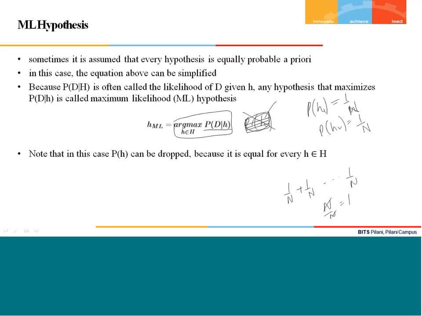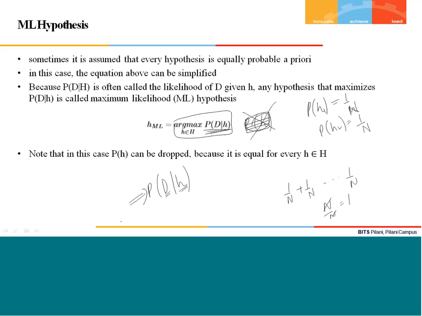You can avoid this also, and ultimately you have to maximize only the likelihood term: the probability of seeing the data given the hypothesis. You want to pick that hypothesis from the space for which the probability of seeing the data is larger among all the hypotheses.